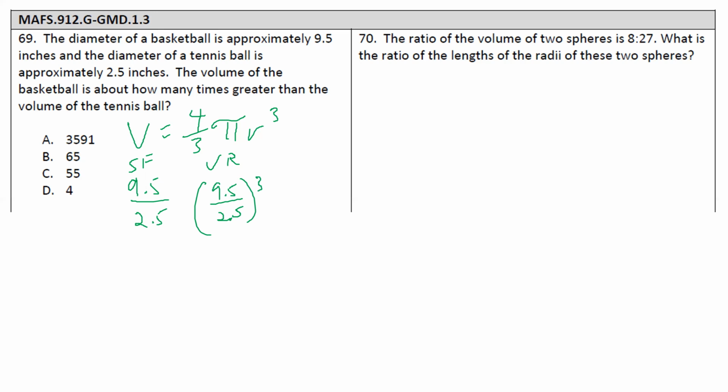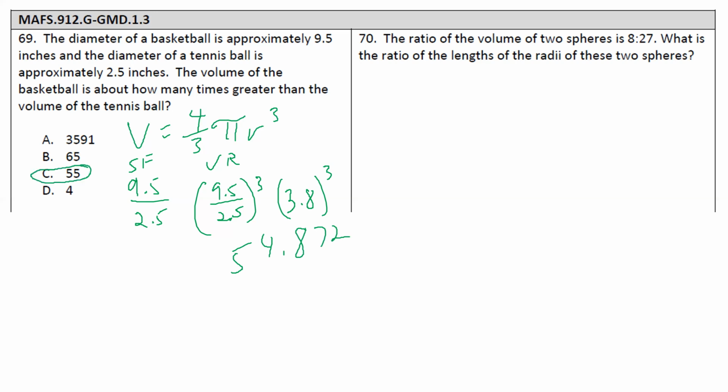It doesn't matter. So I'm dividing first just to keep our numbers small. 9.5 divided by 2.5 is 3.8. And that cubed is roughly 54.872, which is C.